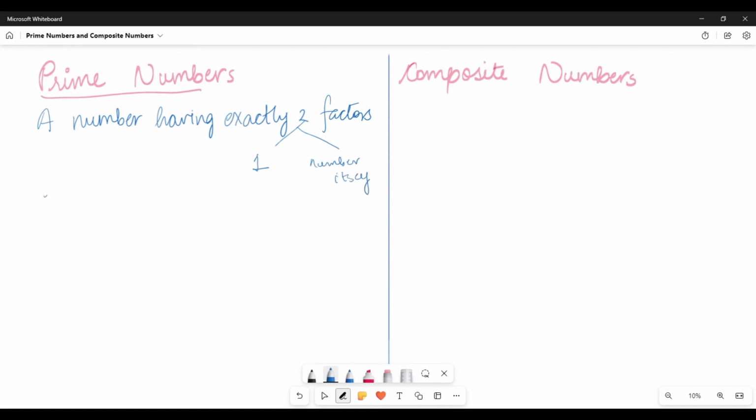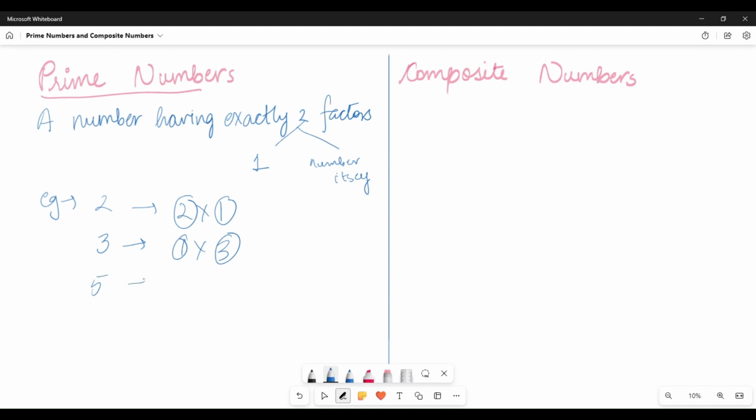So for example, 2. So think of 2. We can write 2 as 2 times 1. So 1 is one of the factors and itself, 2, is one of the factors, right? There is no other way of writing or factoring out 2. Similarly, with 3, we can write 3 as 1 times 3. So 1 is one of the factors and then the number itself, 3, is the other factor.